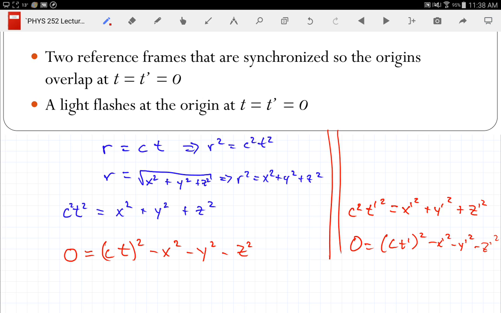We now have the basis for an invariant. The left side is a constant. It doesn't matter what reference frame you're in, it's always going to be 0. The right-hand side relates the time, the x, the y, and the z. So this is a four-vector invariant.